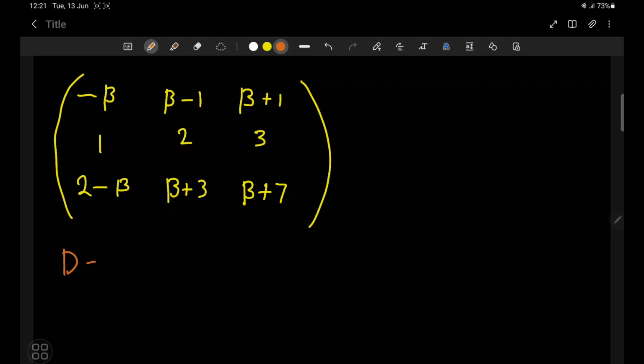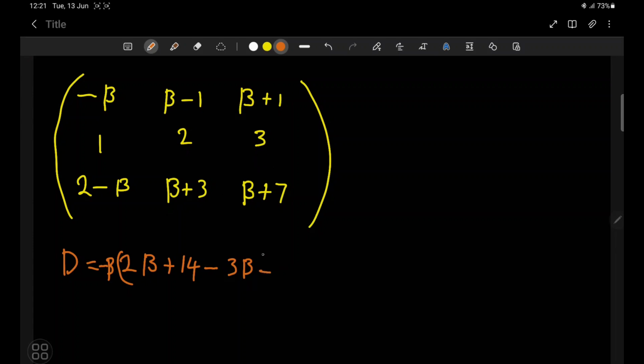We write D is equal to, same method, we hold negative beta there, and the column and the row. So we have 2 multiplying with beta plus 7, that would be 2 beta plus 14. Then, something I've forgotten is we should have a negative beta outside there. Then we're subtracting 3 by beta, that is 3 beta.